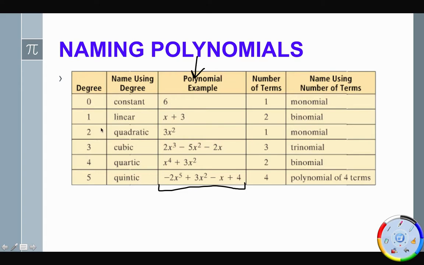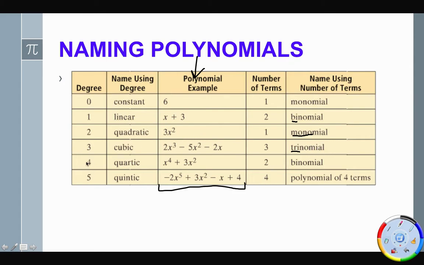So we would call this a quadratic monomial. Kind of like the last example we looked at on the last page, we have a cubic here. It's x to the third. Those are called cubic functions. This has 3 terms, 1, 2, 3 terms, and 3-term polynomials are called trinomials because tri means 3, just like bi means 2 and mono means 1.